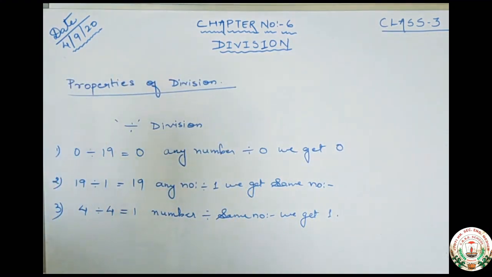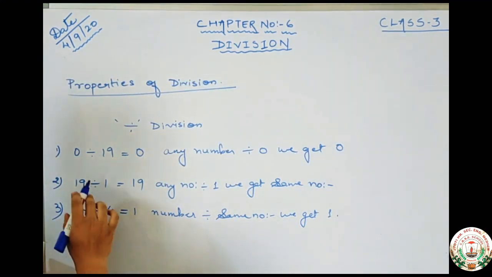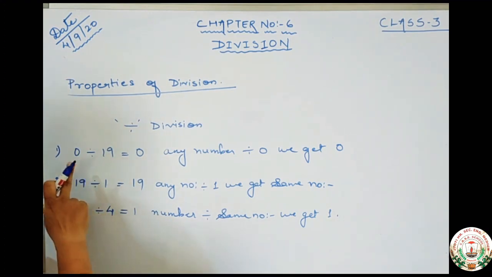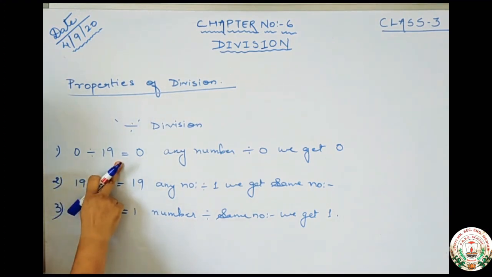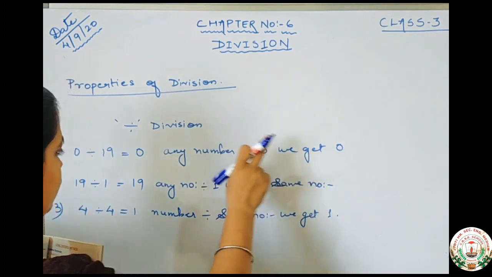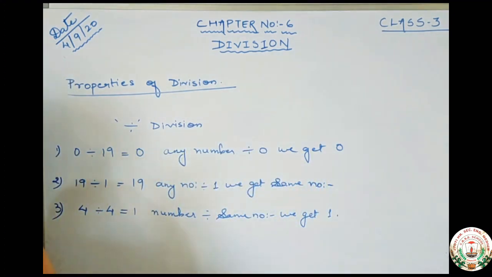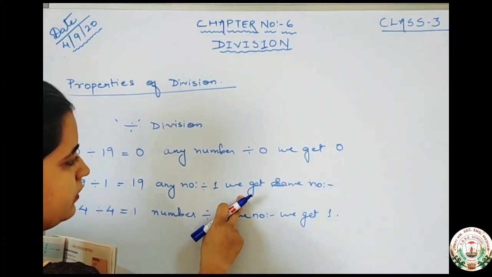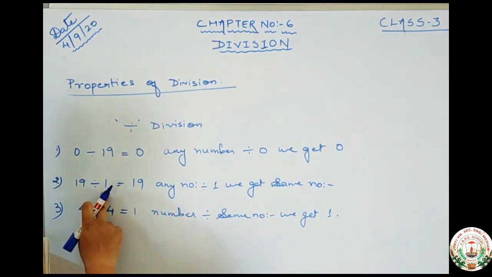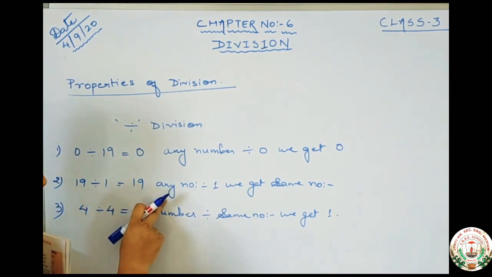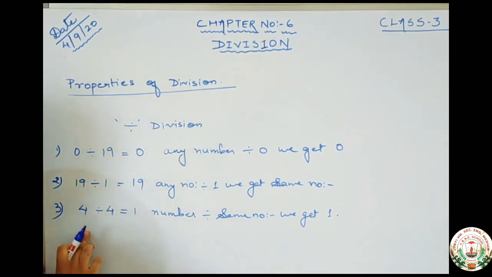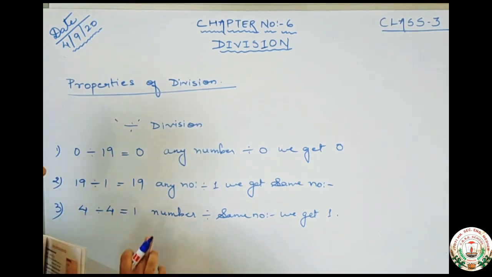Now, let's recall the properties of division. Any number divided by 0, we will get 0 as the answer. Any number divided by 1, we will get the same number. And a number divided by the same number itself, we will get 1 as the answer.